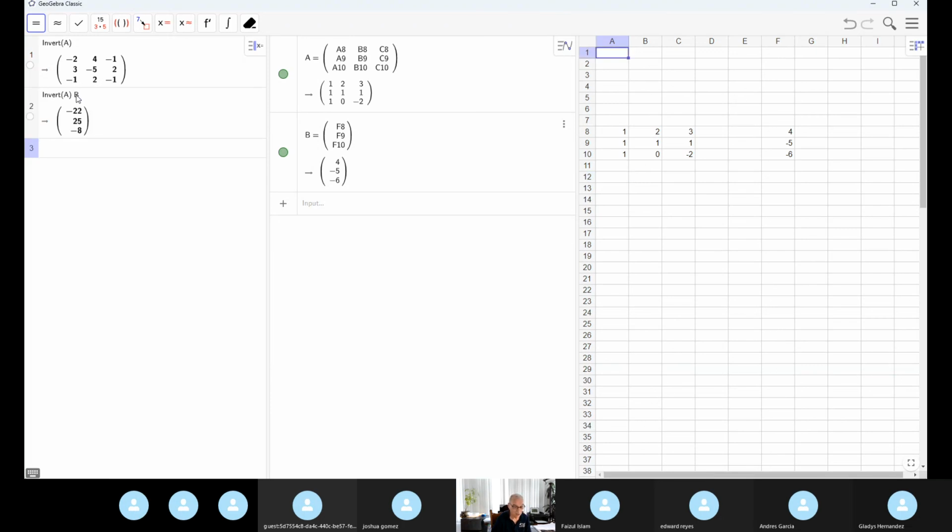Boom! And this is the answer. It gives a column vector, and the column says that x is equal to minus 22, y is equal to positive 25, and z is equal to minus 8, which corresponds with option A in the handout.